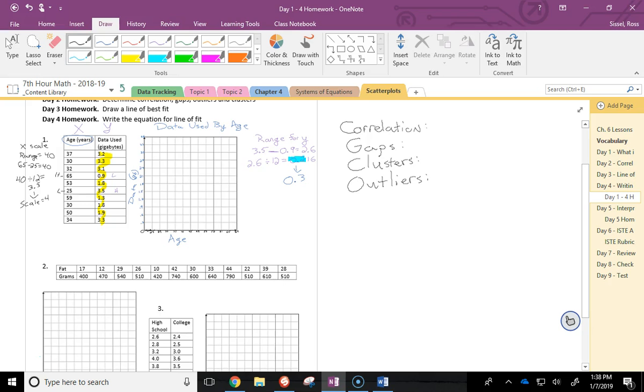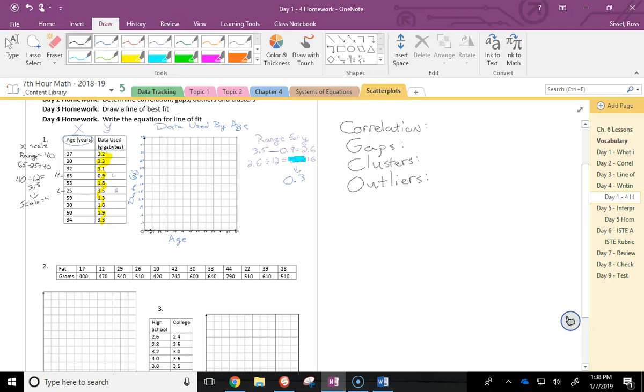No. There should not be any clusters on your 3 scatter plots. Clusters is one that I think we're going to make mistakes on. Clusters is where a lot of dots are sitting together, not following the trend.